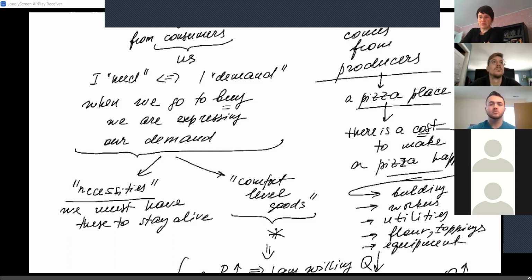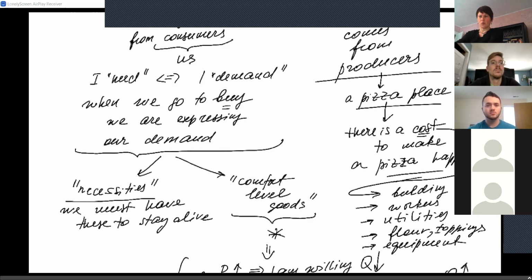So look what happens. If you decide to open a pizza place, put yourself in a pizza owner's shoes, okay? You need a building. You can either buy one, rent one, or build one. Money. Then you need to buy and install the equipment. Again, money, right? Then you have to hire and train. Is there any training required?